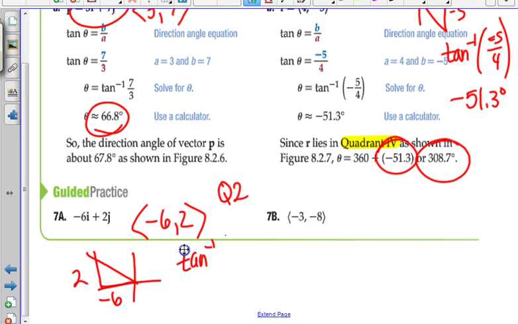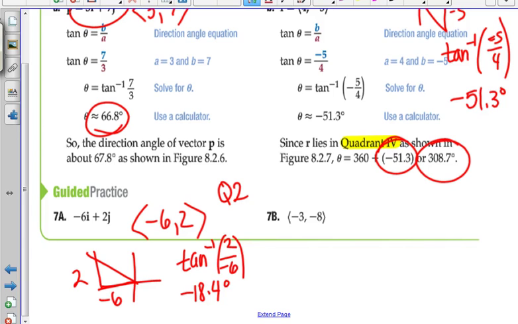What am I typing? 2 over negative 6 is negative 18.4 degrees. Yes? Are you in degrees? You good? Oh, I did too. 2 over negative 6? Oh, gotcha. Okay.